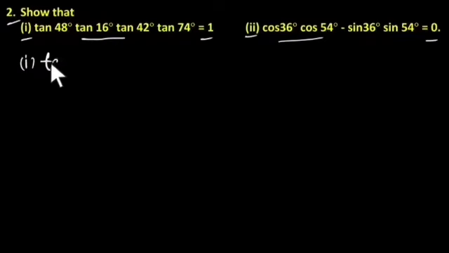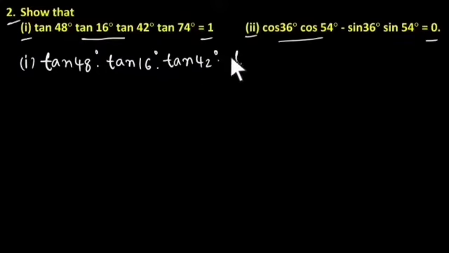Tan 48 degrees into tan 16 degrees into tan 42 degrees into tan 74 degrees. So we have to show this is equals to 1. Let's solve this.